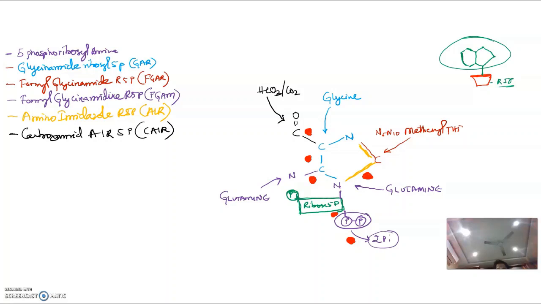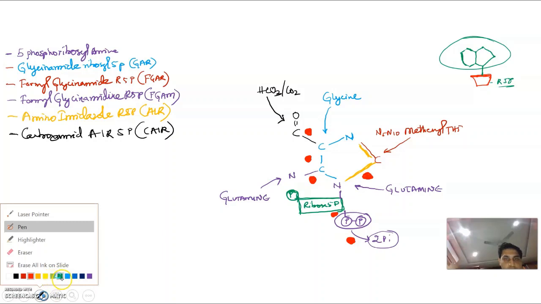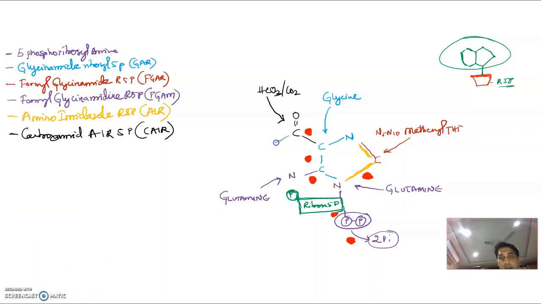In the next step, aspartate gives an amino group and forms fumarate back, and this step requires an ATP molecule.